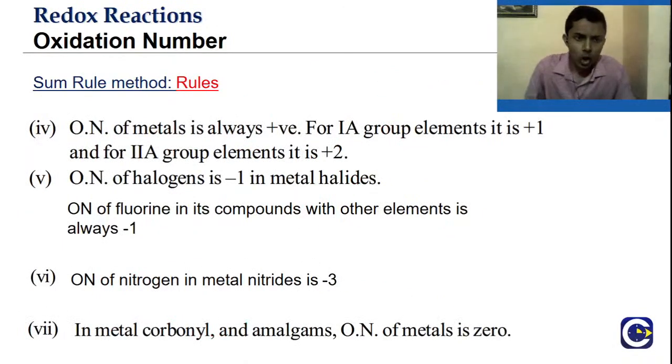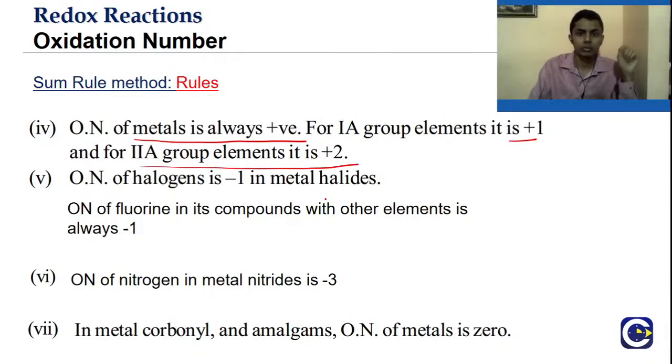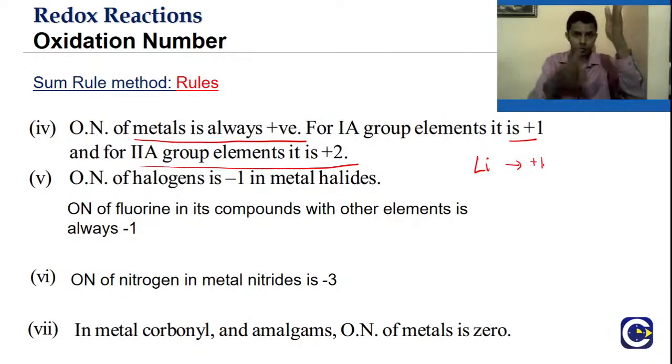Oxidation number of metals is always positive. Why? Because metals are those substances which tend to lose electrons. For 1A group elements, it is plus 1, and for 2A group elements, it is plus 2. For example, if I take lithium, oxidation number will be plus 1 because it comes in the first group.